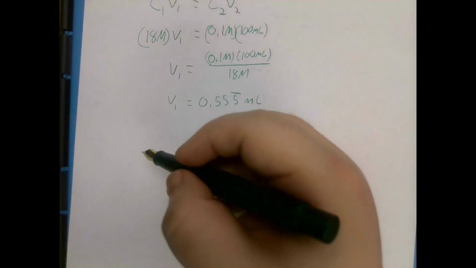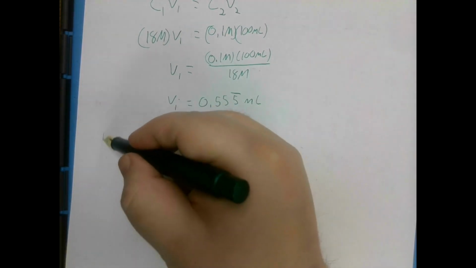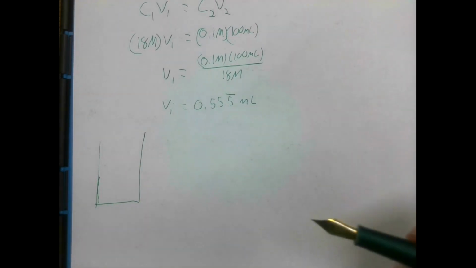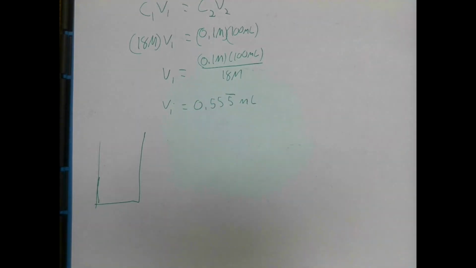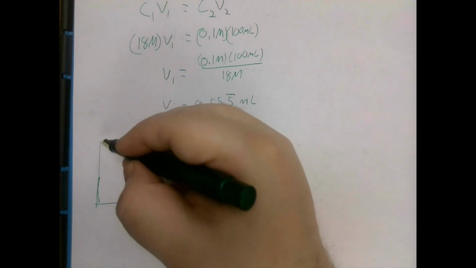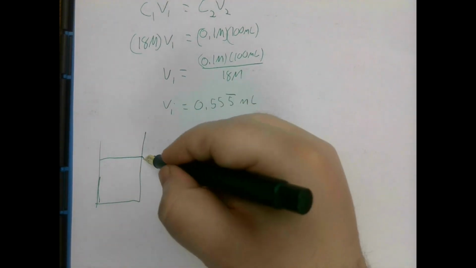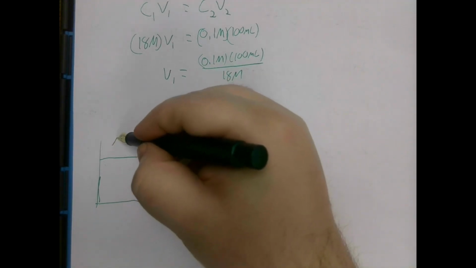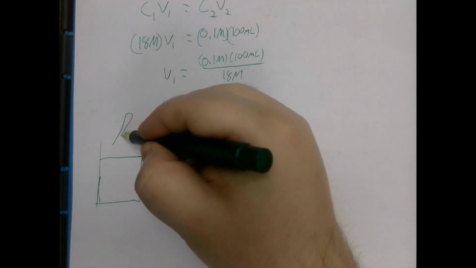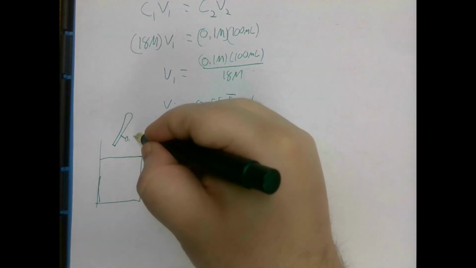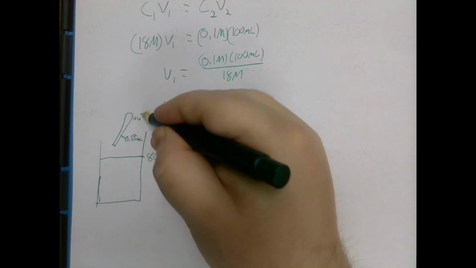So what I would do is, again, you never want to add water to acid. You always add acid slowly to water. So I would fill this up to about 80 milliliters. I would use a pipette to carefully measure out 0.55 milliliters of acid.